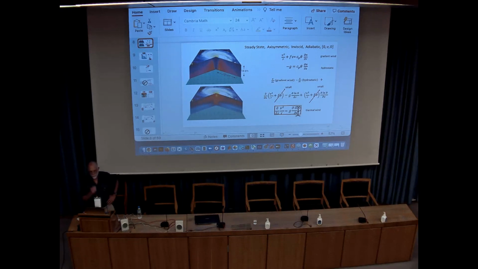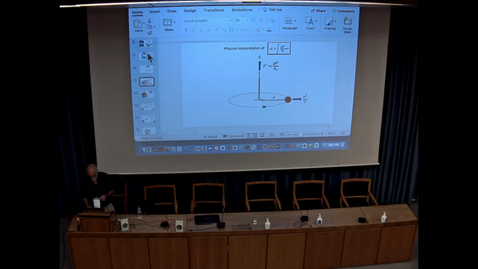Yes, I did this one just because it's familiar. It's radial and vertical, and I think everybody can think in terms of geometric coordinates, radial and vertical. But you have to approximate to get the simple formula.